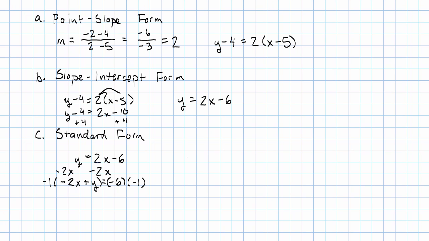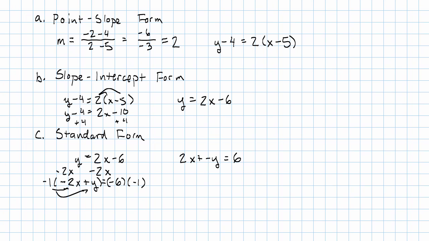Distribute on the left. I get 2x plus negative y equals positive 6. Okay, now I'm following rule 1. I'm following rule 2, everything's a whole number.